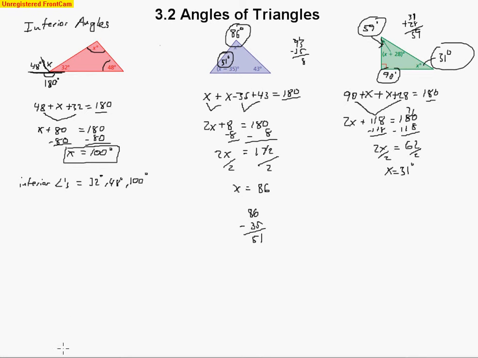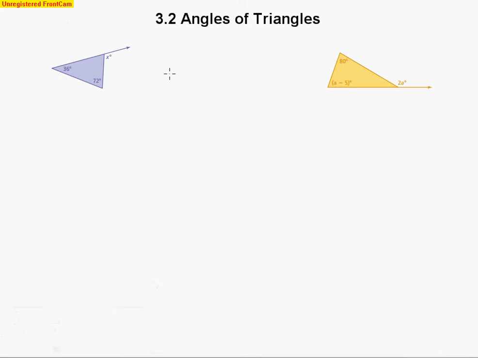Now let's take a look at exterior angles. An exterior angle is formed when we go ahead and draw a line past the triangle, and we have an angle outside the triangle. And so this is an exterior angle.